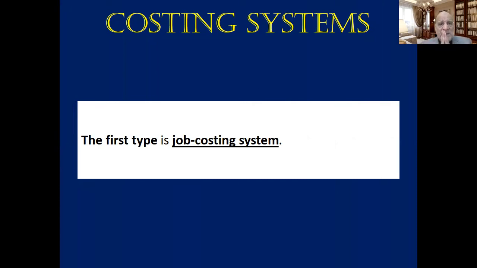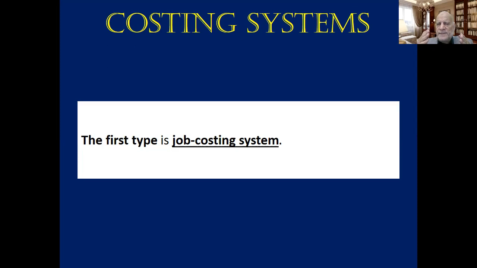The first type is the job costing system. This type of costing system is used when the cost object is a distinct product or service, which we call a job.